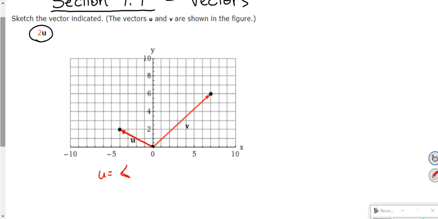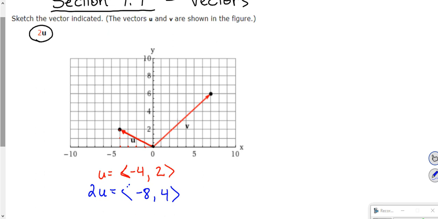So this vector u in component form, we went 1, 2, 3, 4 places to the left, and then up 2 places. So this would be the component form of vector u. Well, if we're going to find 2u, then literally we multiply both of those by 2. So it's going to be <-8, 4>.